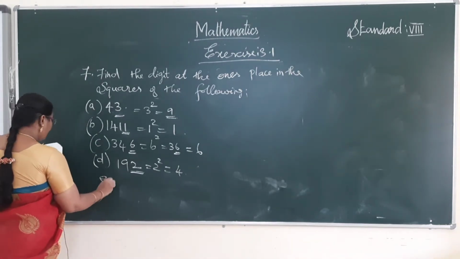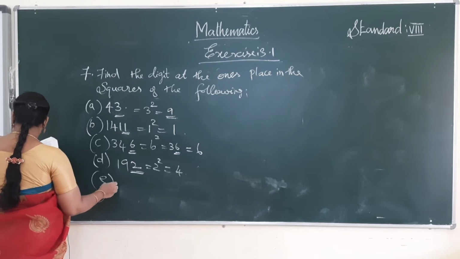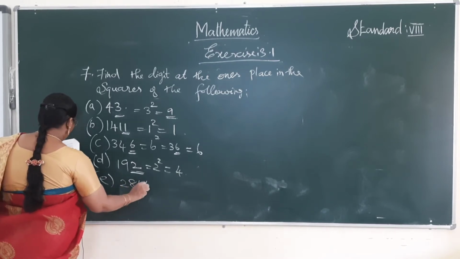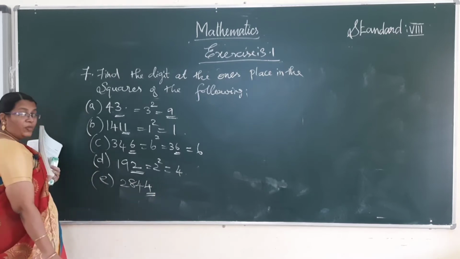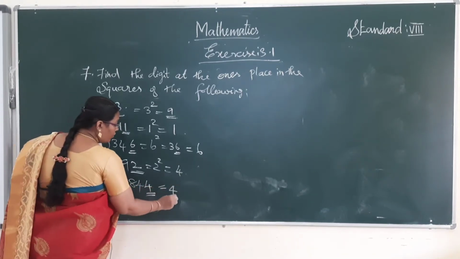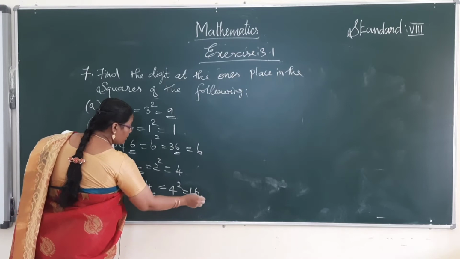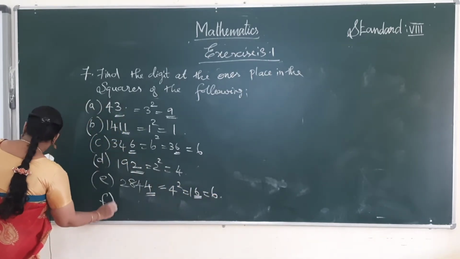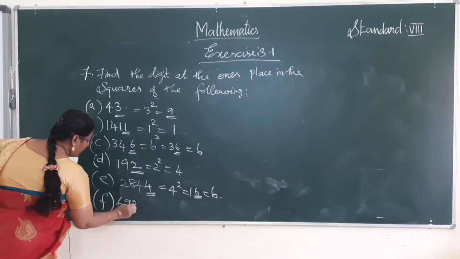And then E, 2844. The ones place is 4. The square of 4 is 16, so the ones digit is 6. F, 6920.